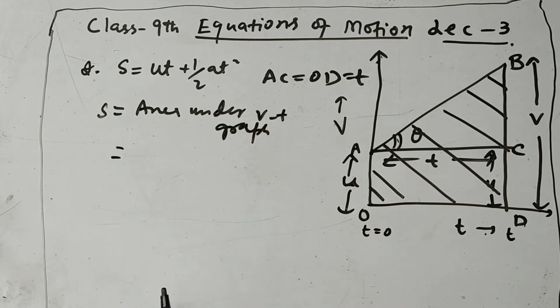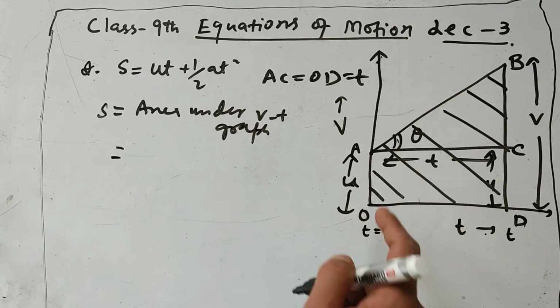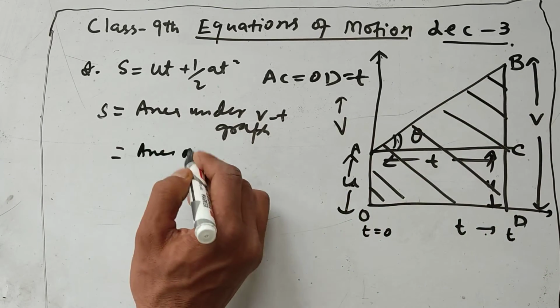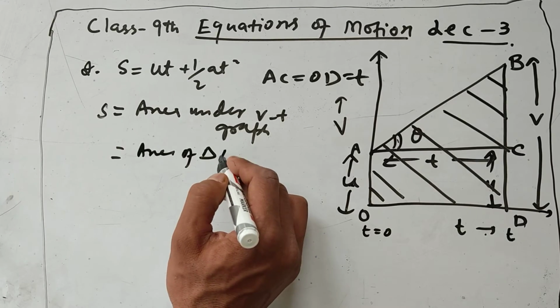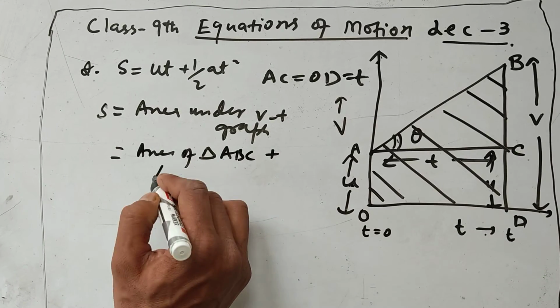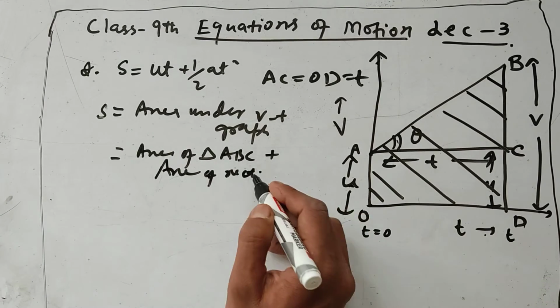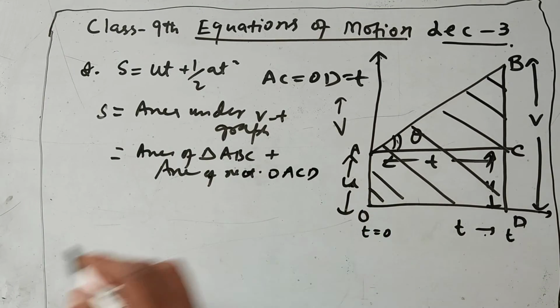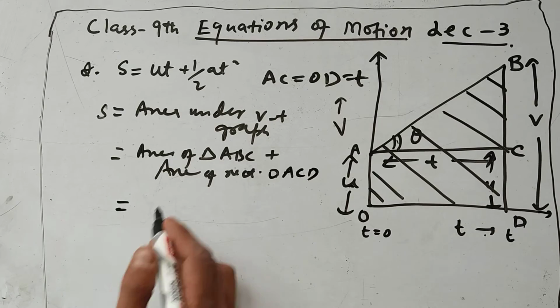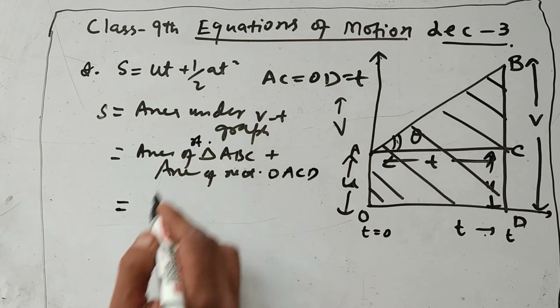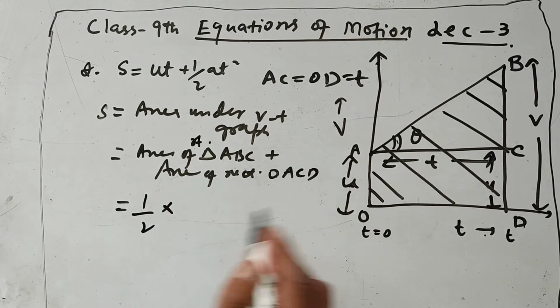So distance is the area under the velocity time graph. We can find the area of this graph, that is the area of triangle ABC plus the area of rectangle OACD. The area of right triangle ABC is half of base into altitude.